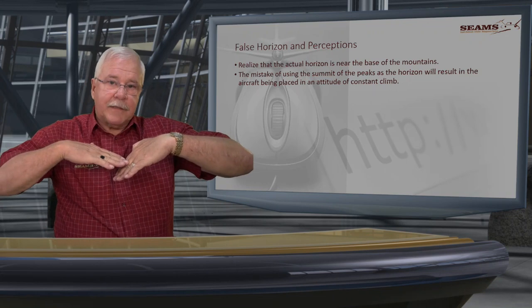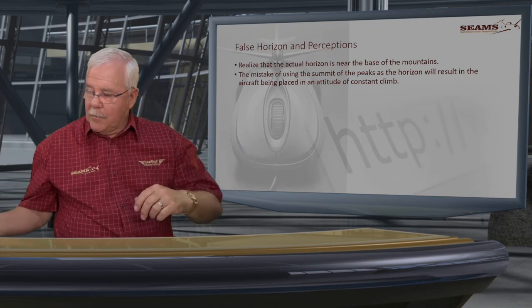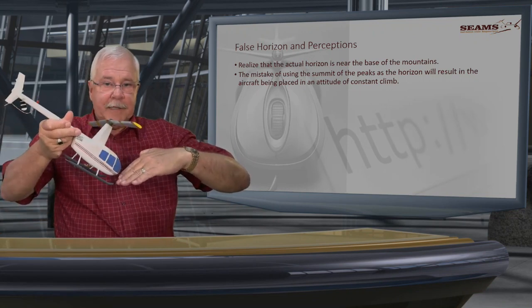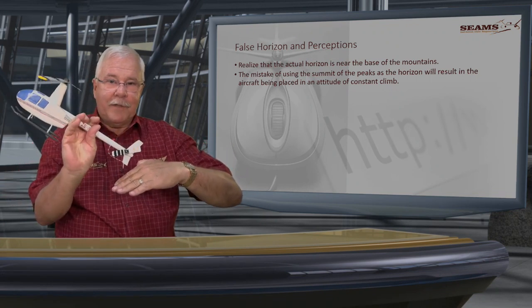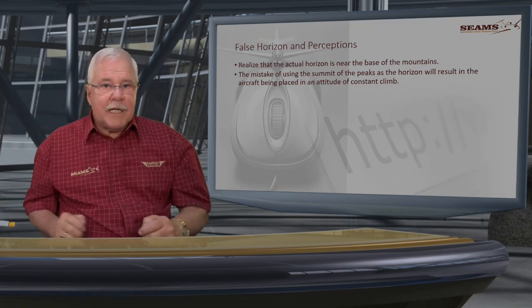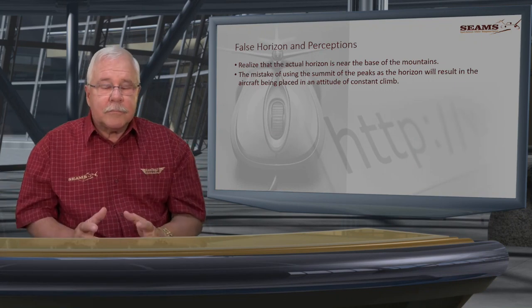It will feel as if I'm sitting with a serious nose low. If I turn around, it's going to feel as if I'm sitting with a very high nose attitude. That is a phenomenon that is true.